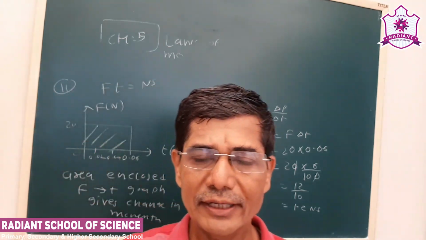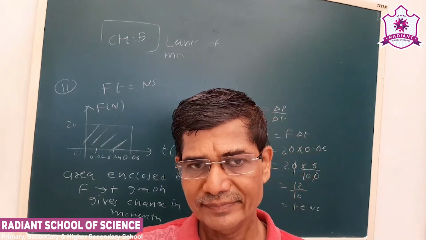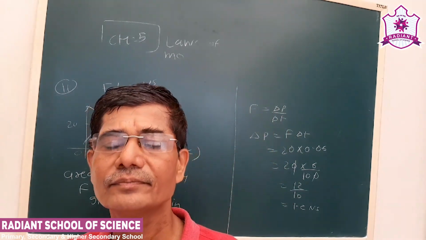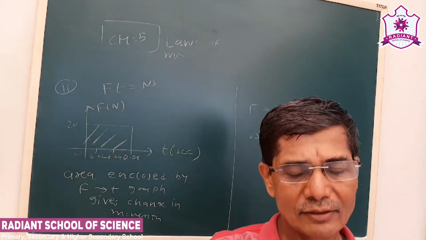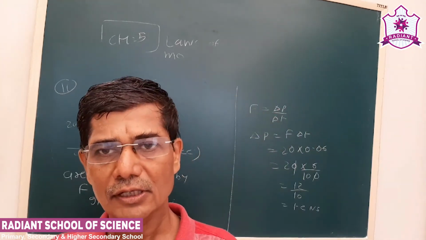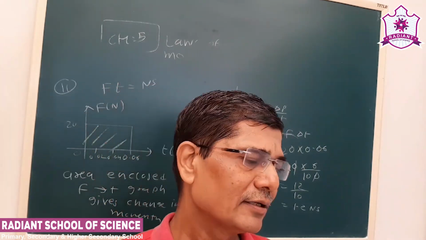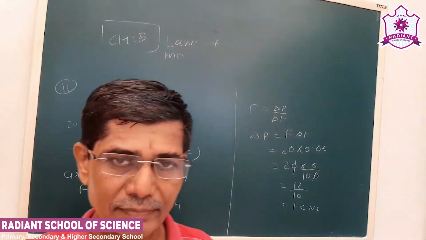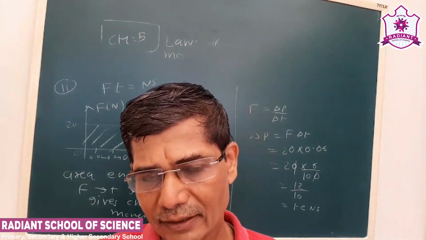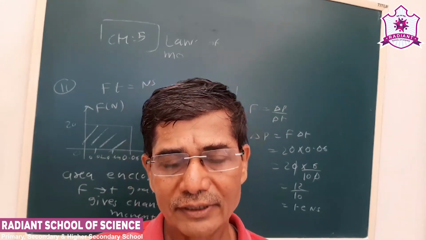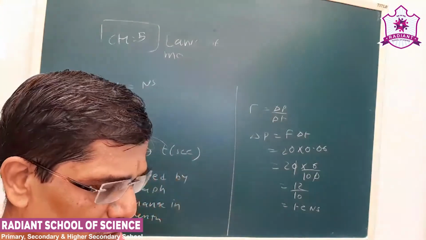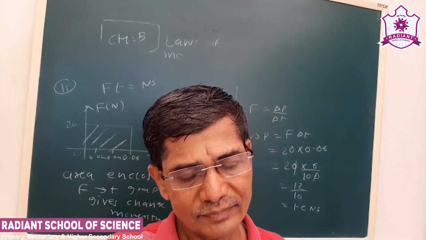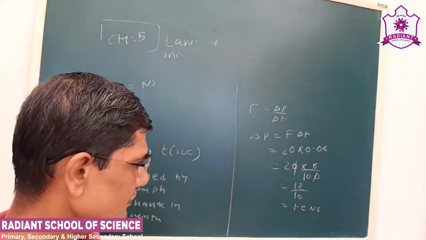Then we studied equilibrium of concurrent forces, then motion of a vehicle on a level circular path, which was part of the dynamics of circular motion. Then we derived the equation of maximum safe speed on a banked circular road, or a circular road with a slope. And finally we talked about the free body diagram, or force body diagram. We took some examples based on this.